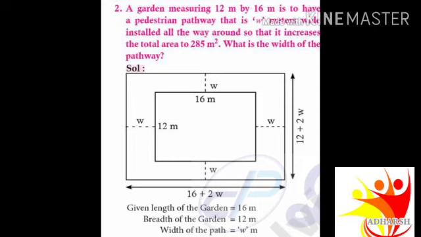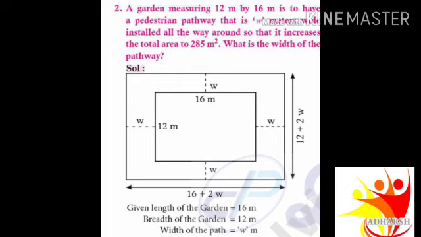Exercise 3.12, second sum. A garden measuring 12 meter by 16 meter is to have a pedestrian pathway that is W meter wide installed all the way around, so that it increases the total area to 285 meter square.